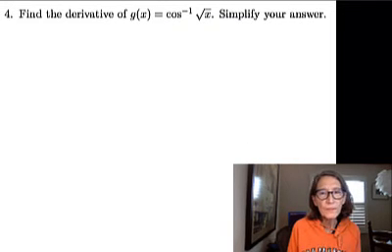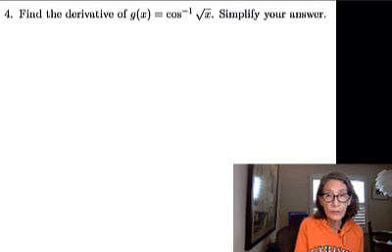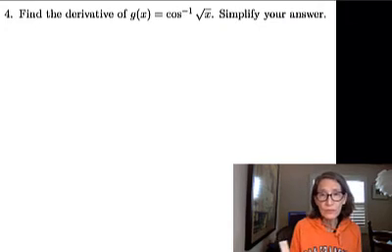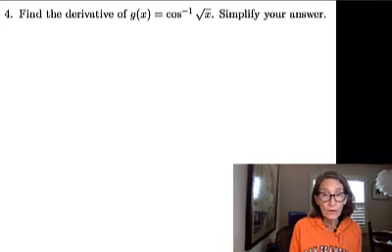On this one, we're asked to find the derivative of the function g of x equals the arc cosine of the square root of x, and then we have to simplify our answer. So in this one, we don't have to use implicit differentiation because we know the derivative of the arc cosine, but we do have to use the chain rule because we have a composite.